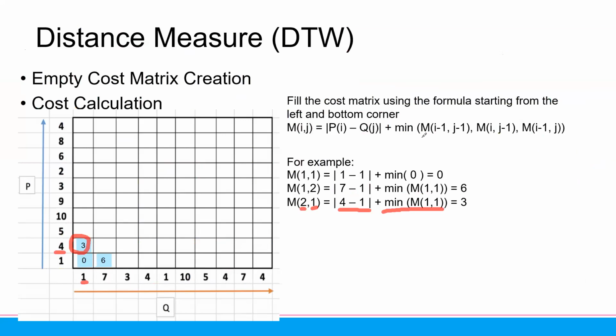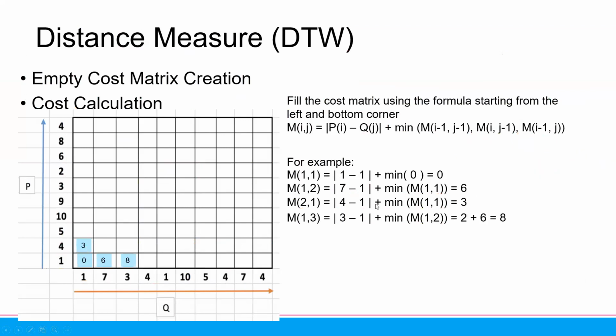So it means we have M1,0, M2,0, and then M1,1. So this is nothing, and we have 1,1, which is 0. Then 3 plus 0, it is 3.